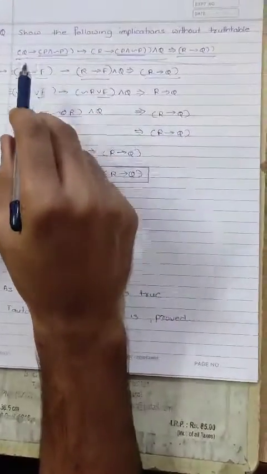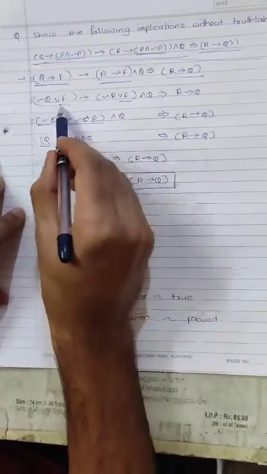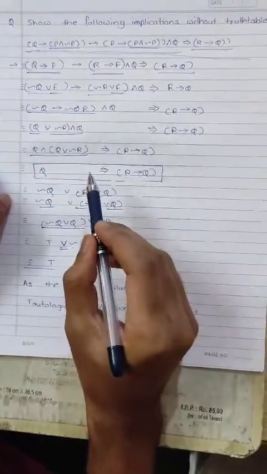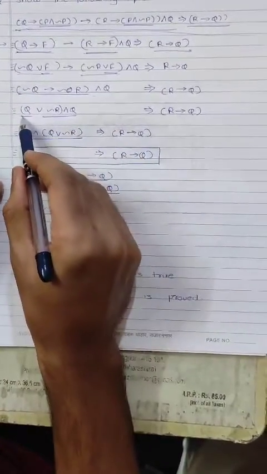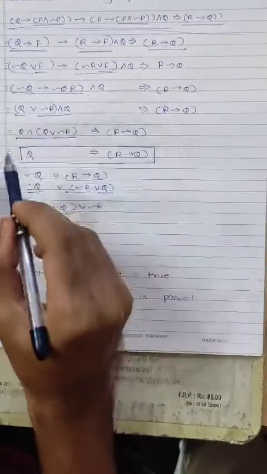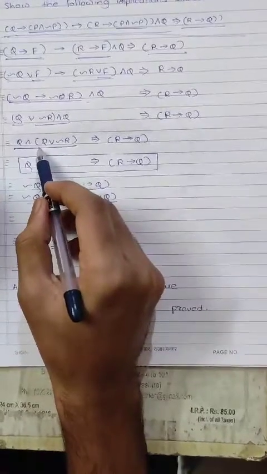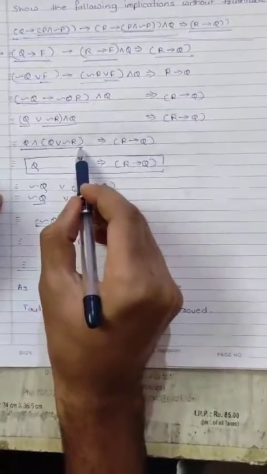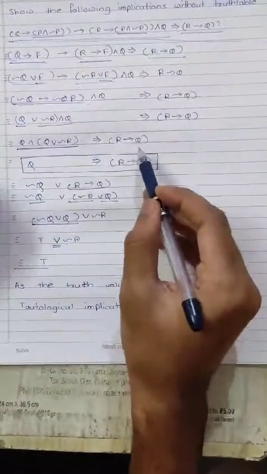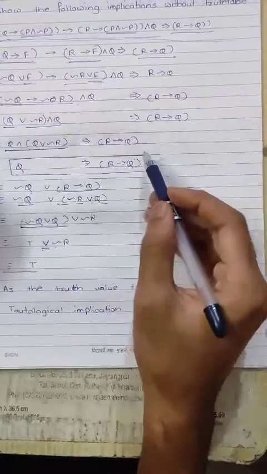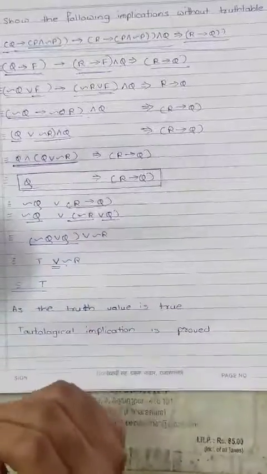Now again let's recap what we have done here. We first simplified these implications into their simplified forms. Again we used the simplification over here. Again the negation law is used here: negation of negation Q will be Q. Then we used the commutative law. After using the commutative law, we used absorption, meaning all this value gets converted into this value.